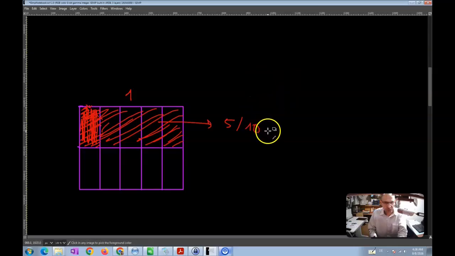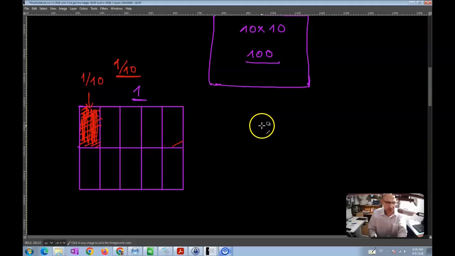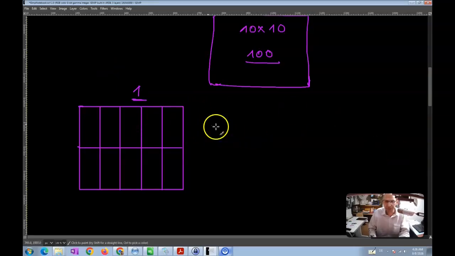So if I go over here, the same box, this is a box whose value is just 1, and I have divided this box into 10 equal parts. So that's 1, 2, 3, 4, 5, and another 5, so that would be 10.